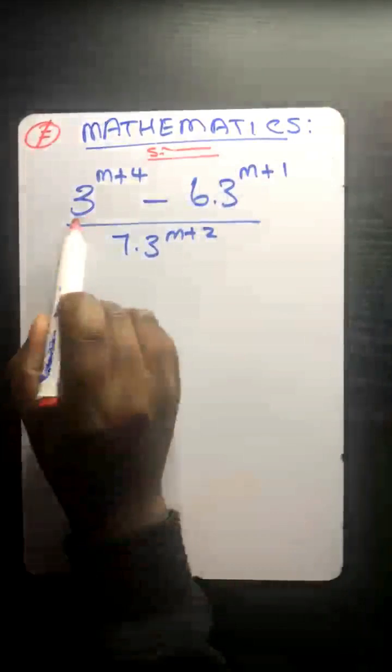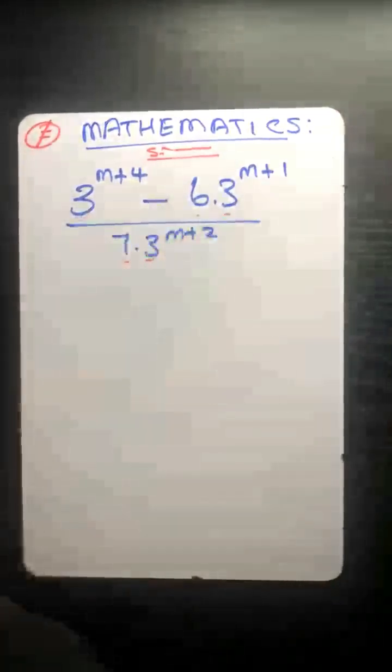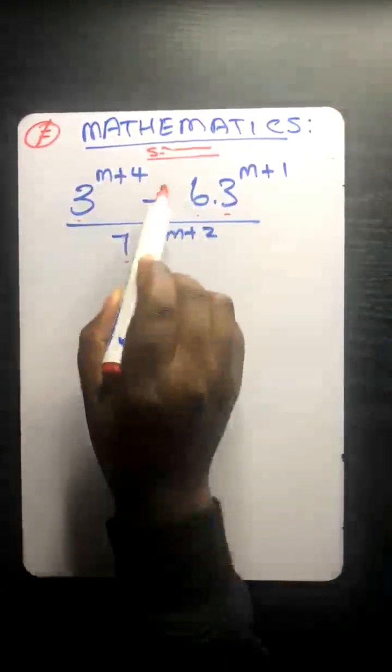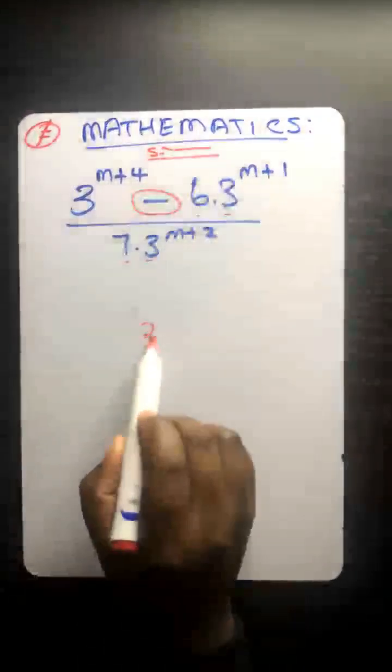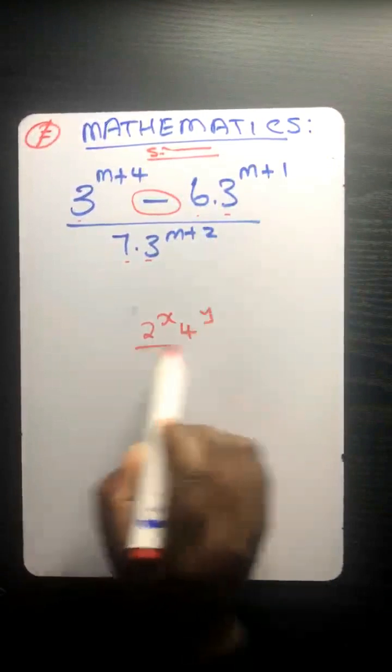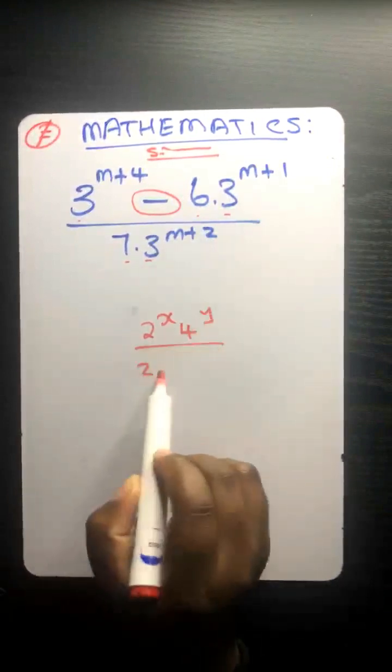You look at the bases, you realize the bases are in their smallest form. But most importantly, guys, always when you have a sign of a plus or a minus, either at the top or at the bottom, it could be 2 to the exponent x, 4y over 2 minus, let's say, 8 to the exponent y.